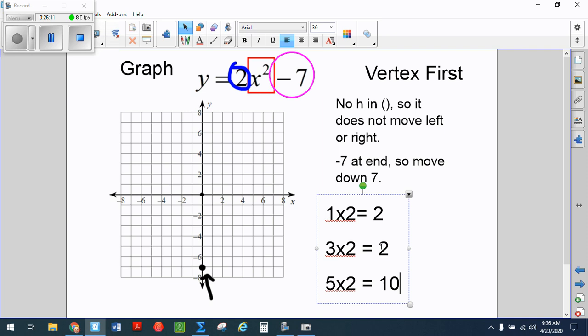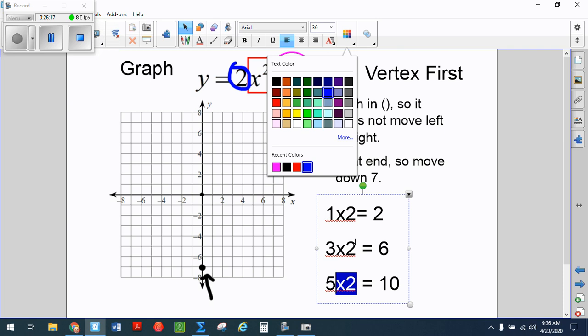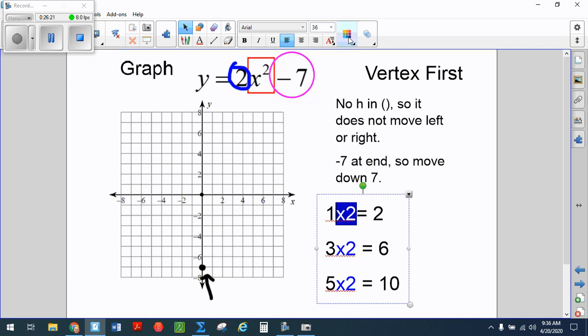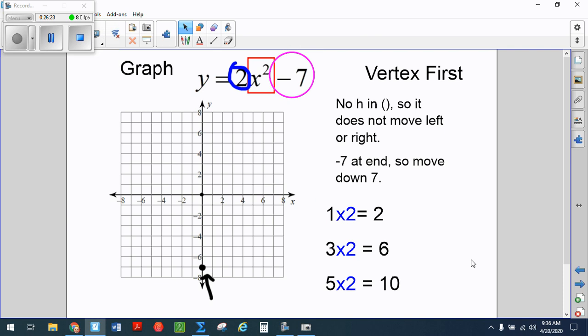Sorry, I said 3 times 2 is 2. 3 times 2 is 6. So all these are being multiplied by that 2 at the very front of the equation, and that always happens. It tells you how steep it is, how fast the rate goes up. So instead of going over 1 up 1, I'm going to go over 1 up 2 on both sides.